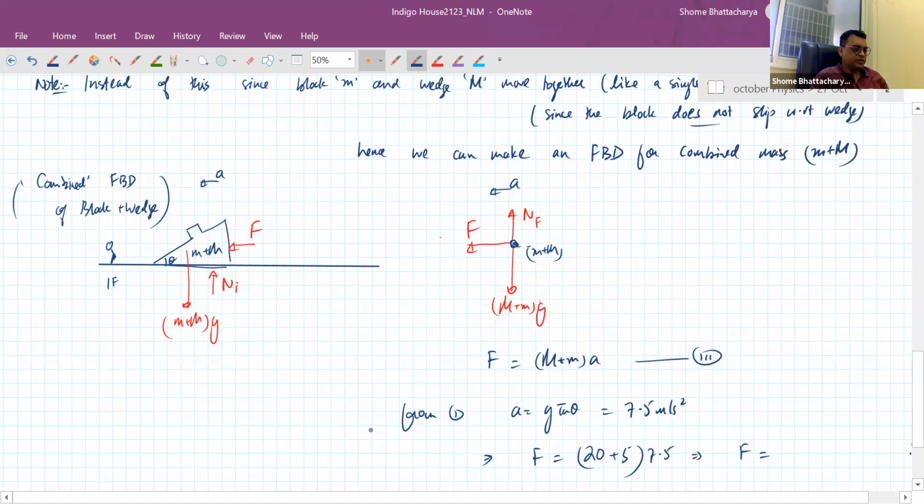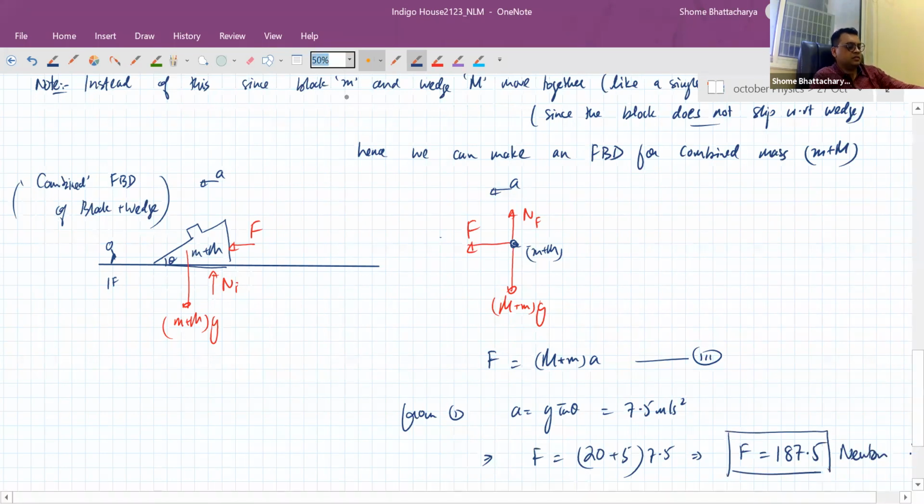So that's 25 into like 3 by 4 of 10. No? So 250 into 3 by 4. So you get this as 187.5 newtons. Okay. So this is the much easier option.